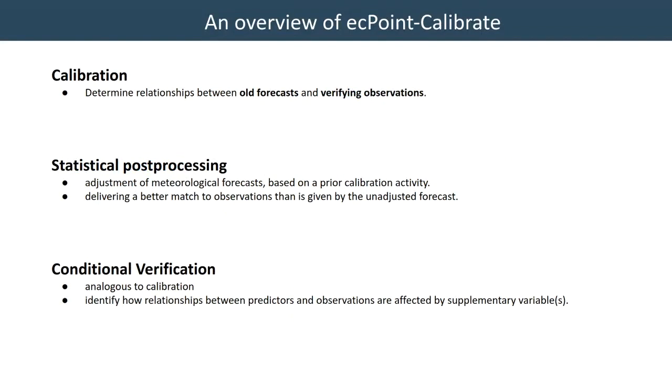We have a statistical post-processing component, which suggests the meteorological forecast based on the calibration that you already performed. And the third part, which we also talked about in the introduction, is conditional verification. So throughout the presentation, I will present how the software is utilized for each of these three types.